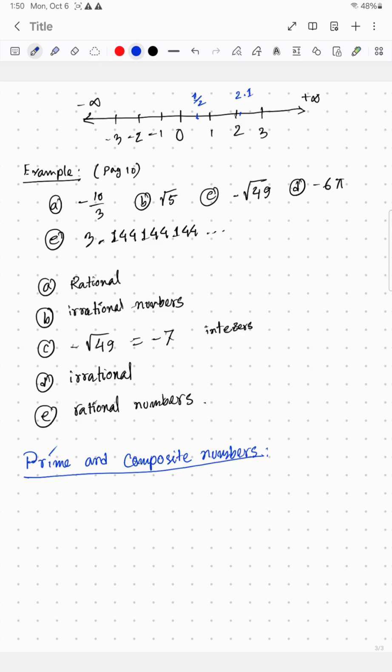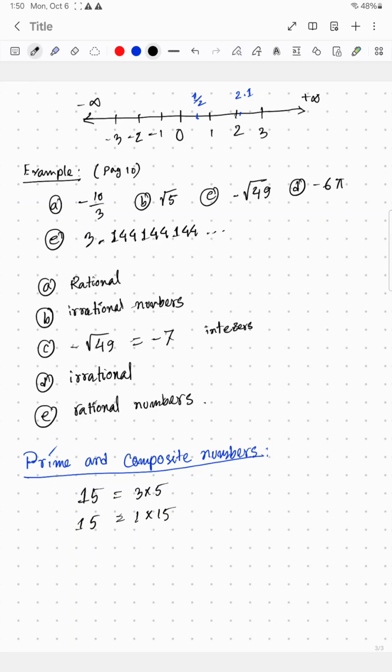For example, we all know that 15 can be written as 3 times 5. Or 15 can be also written as 1 times 15, right?